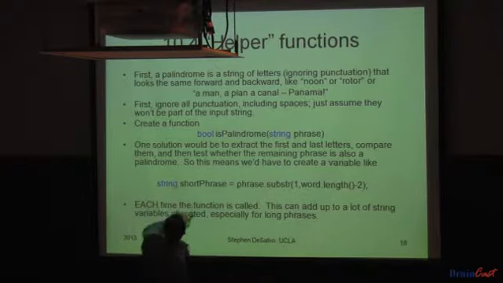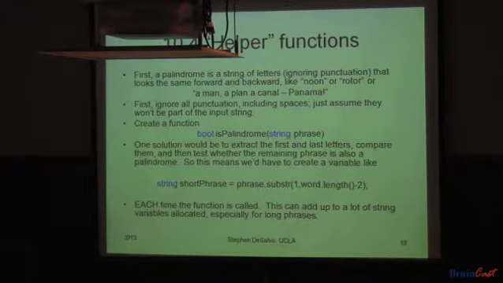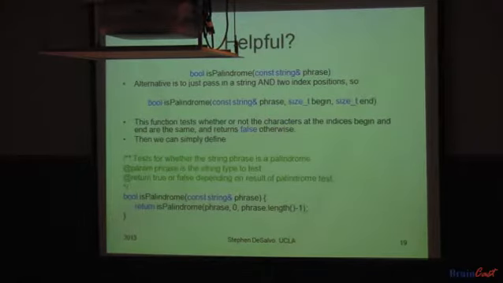So what you're going to create is what's called a helper function. In other words, it's going to be a function that gets called inside of the larger function. So you have the isPalindrome function. It accepts a const string reference. And rather than have the isPalindrome function be the 3-parameter version, you just create the 3-parameter version separately.